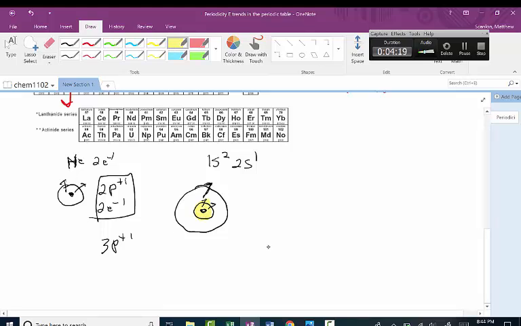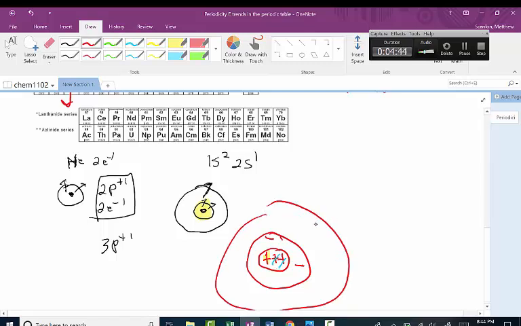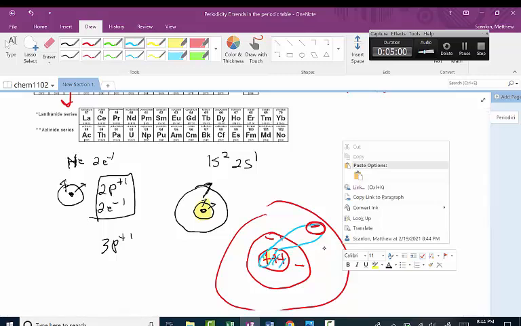So if I was to draw a positive, positive, positive in my nucleus, I'd have a negative here and a negative out here, and they're all in this shell, and they're going to cancel 2 of these positive charges. My second shell, I'll have 1 negative charge, and so this electron out here will essentially see 1 positive charge. And so that's the attraction for the shell. It's 1 electron seeing 1 positive charge.